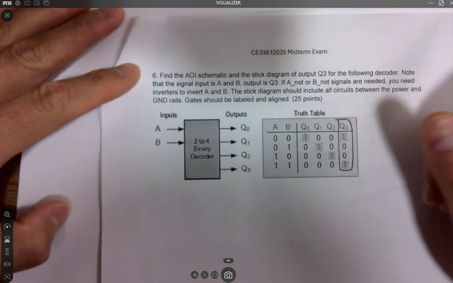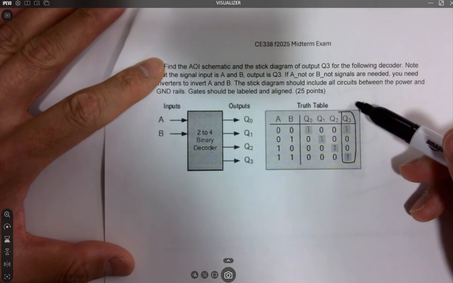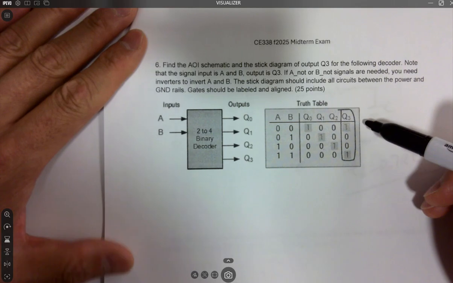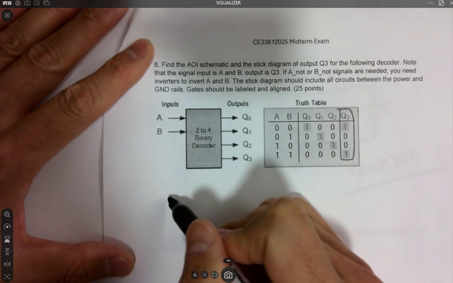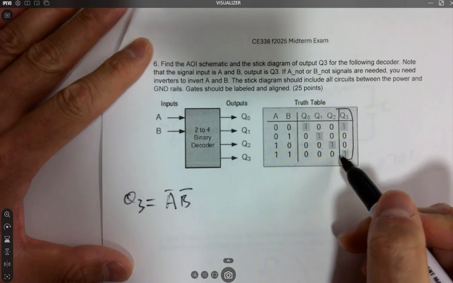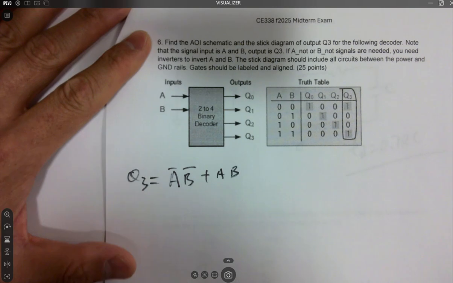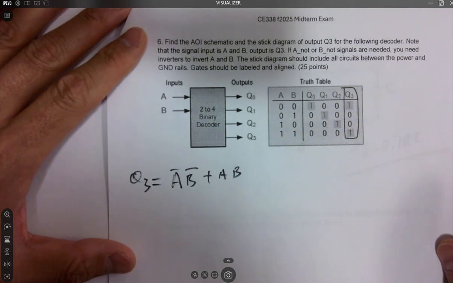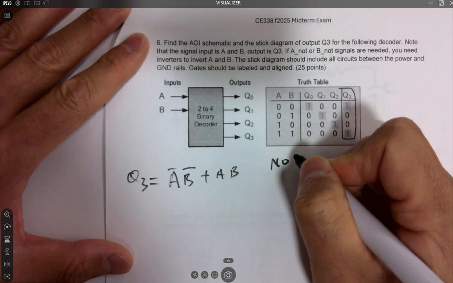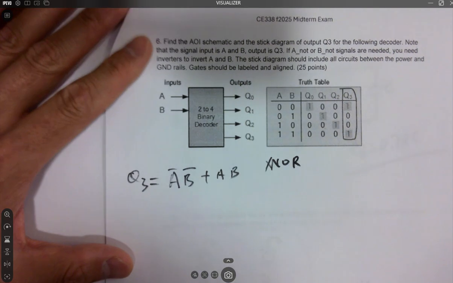For this one, I added a little 1 here. So for Q3, I'm only looking at Q3 but nothing else. So the Q3 is going to be A not, B not, and this guy, which is AB. If you are an experienced electrical engineer, you can figure out this is XNOR logic.